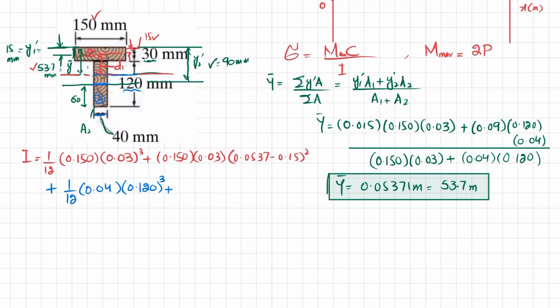So we will get this distance, which is D2, and D2 will be equal to 90 minus this distance. So 90 is from this line to this line, 90 minus this distance, which is 53.7.